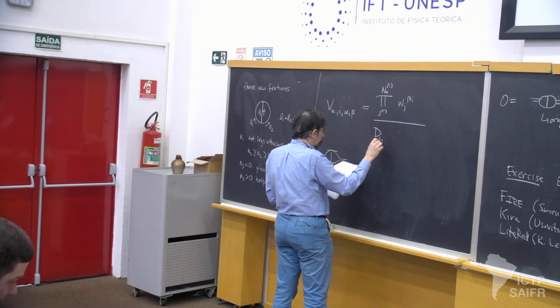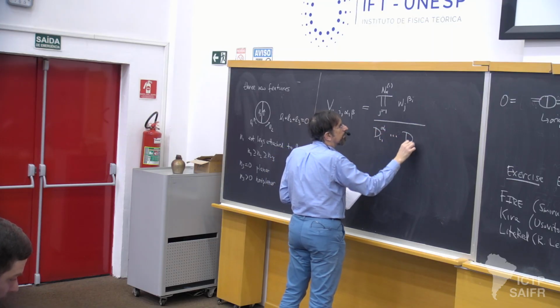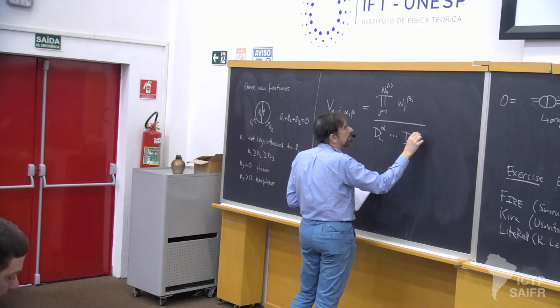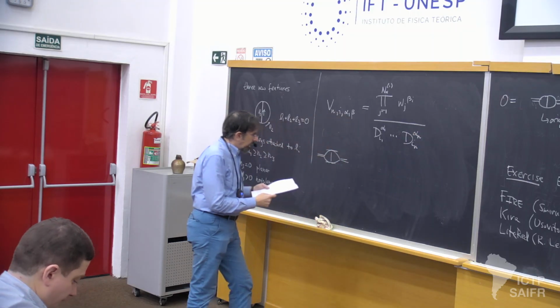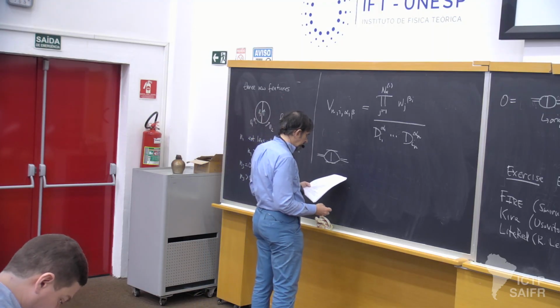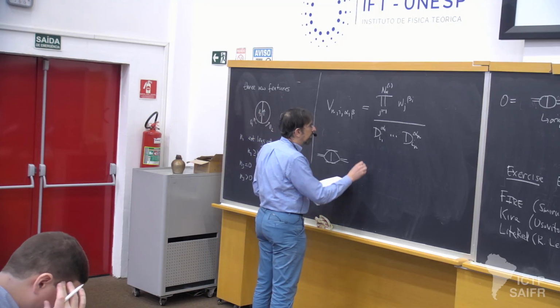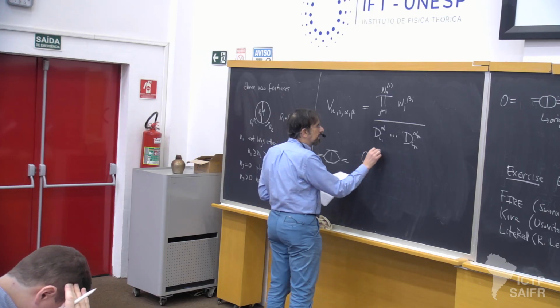So we can write out the various denominators and their various powers. And we're going to look at a huge set of IBP identities.